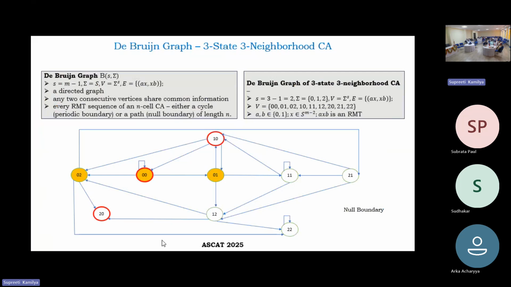The RMT sequences can be generated by a combination of elementary cycles and elementary paths, or only by elementary cycles. So our objective is to make any one RMT non-self-replicating. Here every edge represents an RMT. If we make any one of them non-self-replicating, the corresponding RMT sequence will not make any single-length cycle.